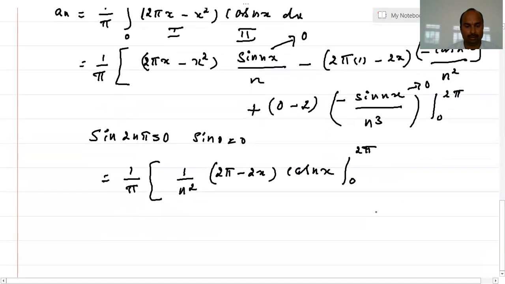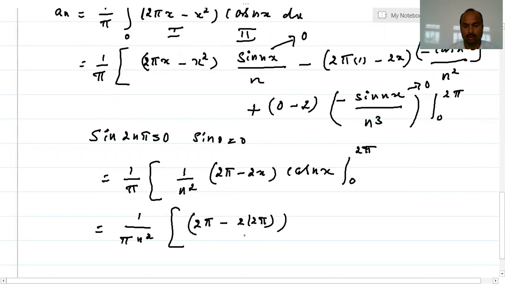Now again substitute it. I will take this n square also outside: 1 by pi n square into upper limit 2 pi, so 2 pi minus 2 into 2 pi and cos 2n pi.